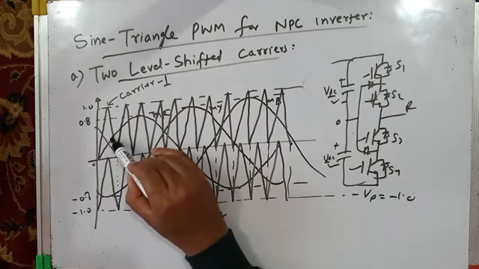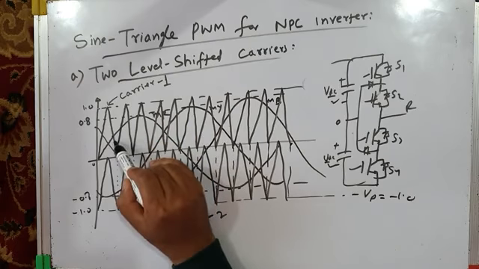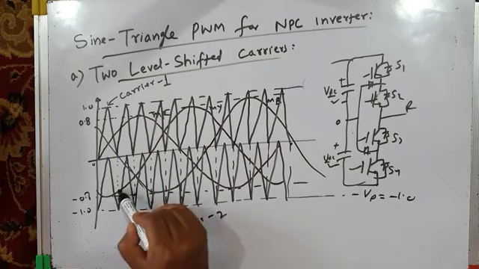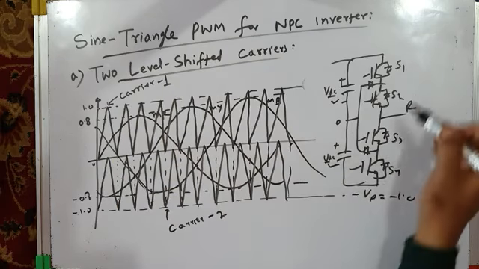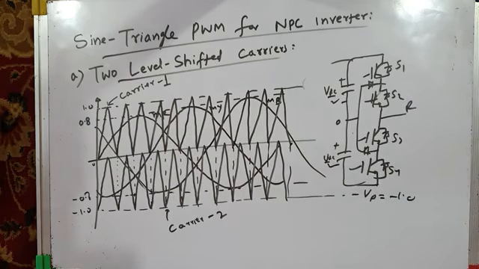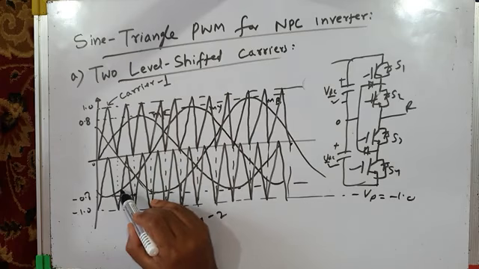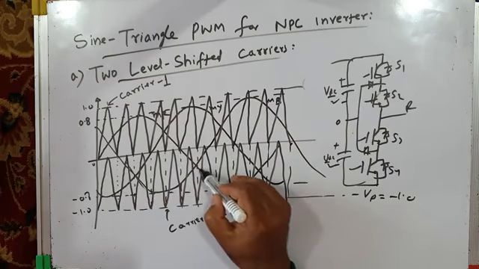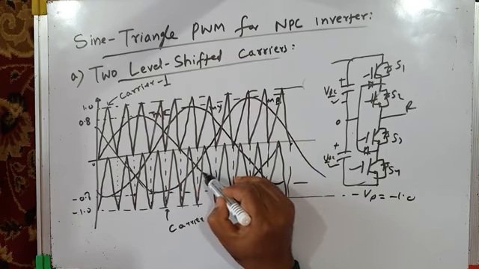And you can see from this instant to this instant, modulating wave MR is greater than both carriers. It's greater than carrier 1, it's greater than carrier 2 also. So the top 2 switches will be on and pole voltage will be plus VDC by 2, right? During this interval of time, on the other hand, you can now see MR is less than both carriers.